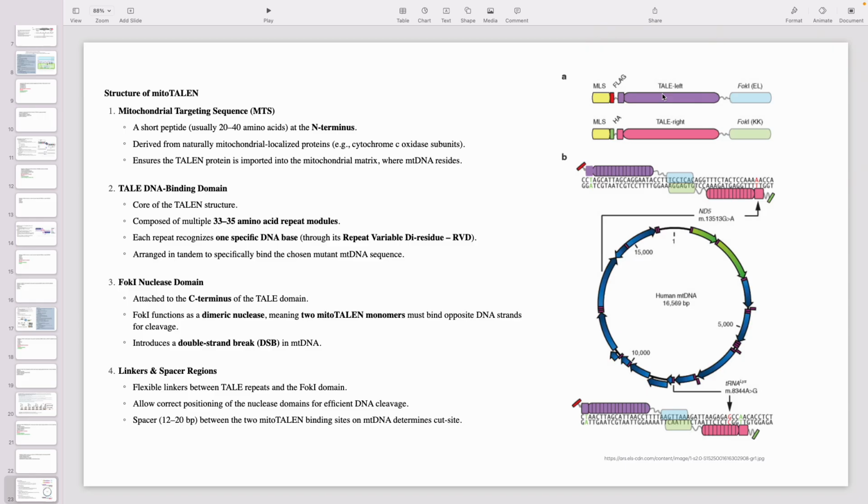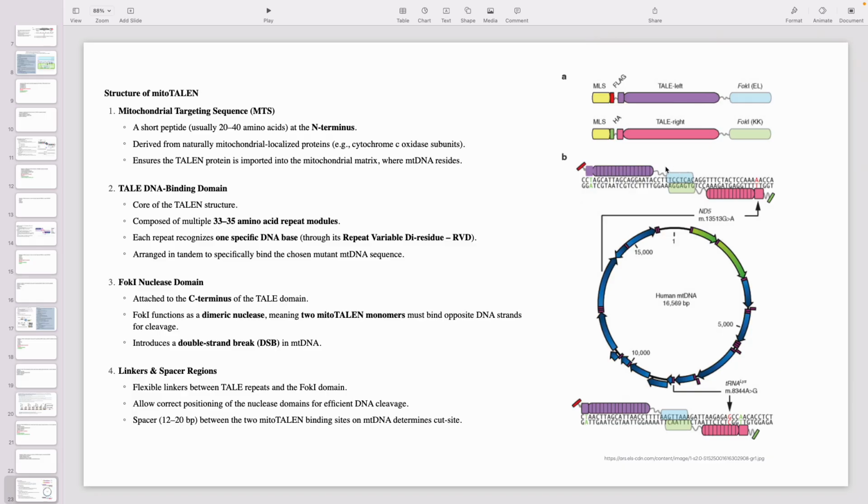At the 12th and 13th positions, they have the repeat variable di-residue. Based on the amino acids at the 12th and 13th positions, they recognize one specific DNA base pair. They are arranged in tandem to specifically bind and choose the mutant mitochondrial DNA sequence.